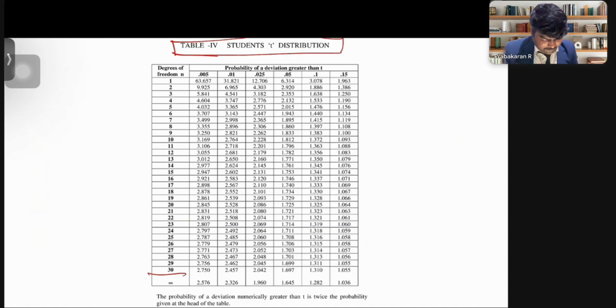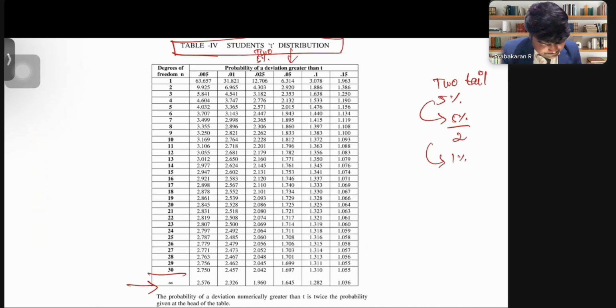And as I said, for a two tail test, 5% has to be considered as 5% by 2, that is 0.025. This is 5% in two tail.